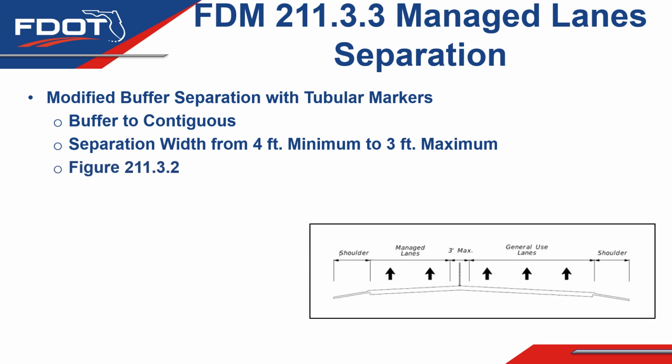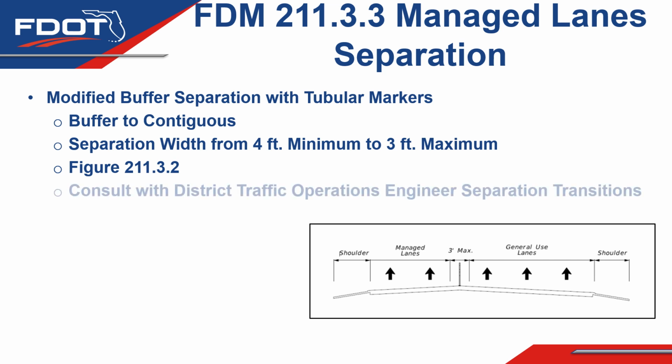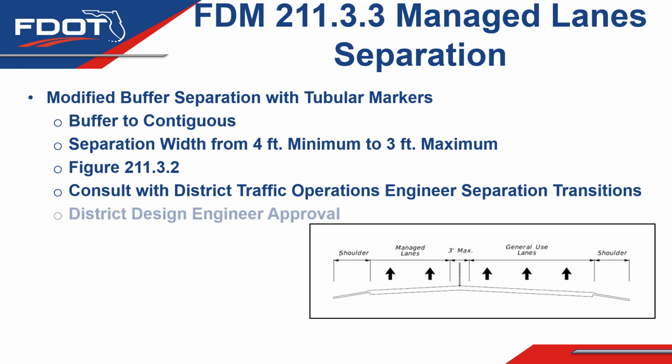Due to this change in separation width, consideration should be given to transitions between new and adjacent roadway segment treatments and should be done in consultation with the district traffic operations engineer.